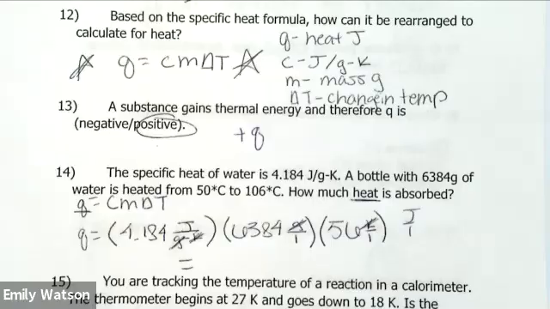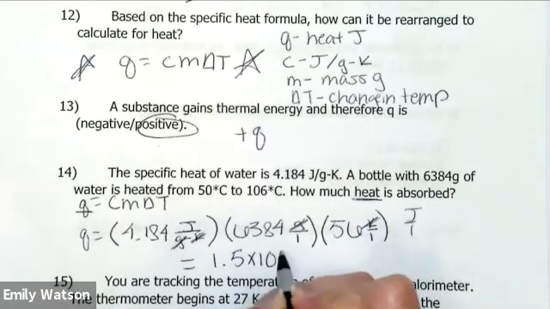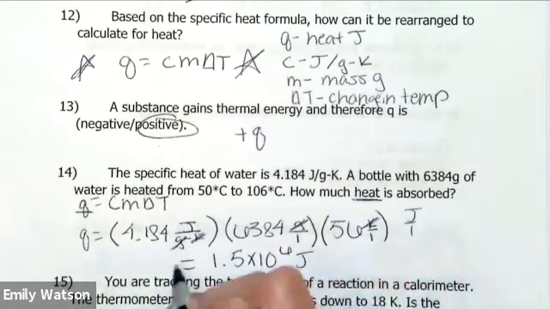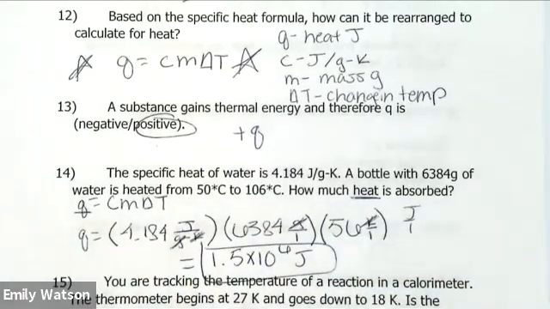You're right. 0.5 million. You are right. I don't know what I did wrong when I was making my answer key. So the answer is 1.5 times 10 to the 6th joules. I just put this in scientific notation.